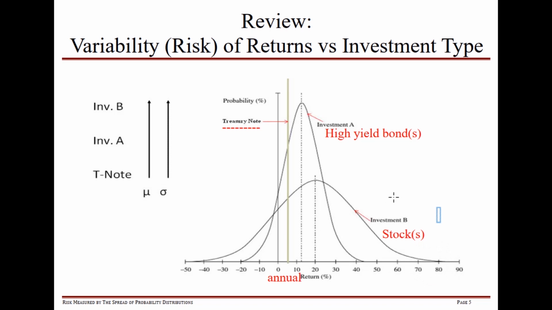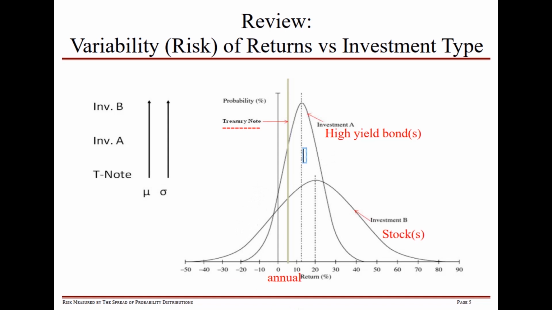So the basic takeaway here is it looks like if you want to get a higher return on average, you have to increase your risk. Your risk is going to be measured by how big is this downside tail, right? How far can we go over here? And we can measure that by standard deviation or probability of loss or value at risk or something like that.